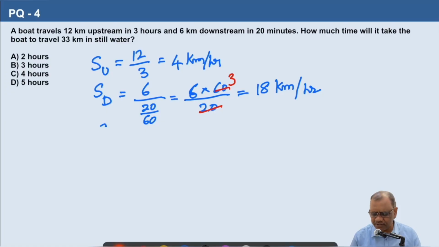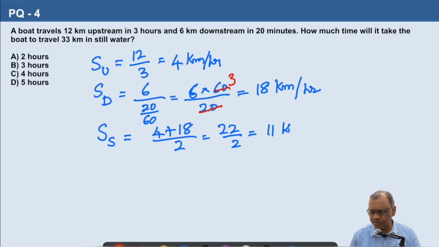So now we have to find out the speed in still water. 4 plus 18 by 2. Both the speeds you have to add and divide by 2. So that is 22 by 2, which gives us 11 kilometers per hour. This is the speed in still water. So we need to find out the time.